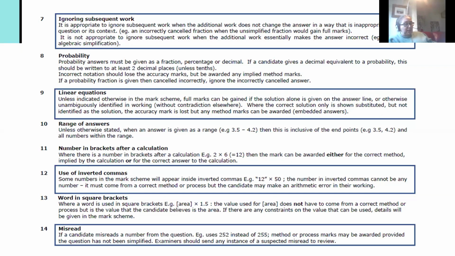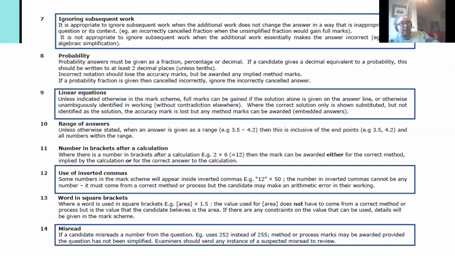And then misreads. Misreads are something I'm very hot on in terms of the difference between my practice and theory. I'm aware of it, but in practice, when it comes to mocks, I don't really allow misreads, because again, it comes down to marking harshly. But all of those tweaks that I make, I'm not saying that's what you should do.